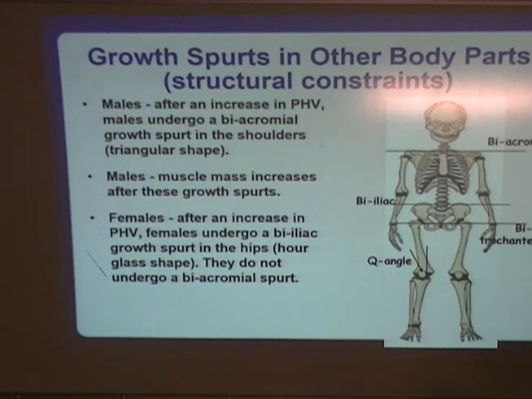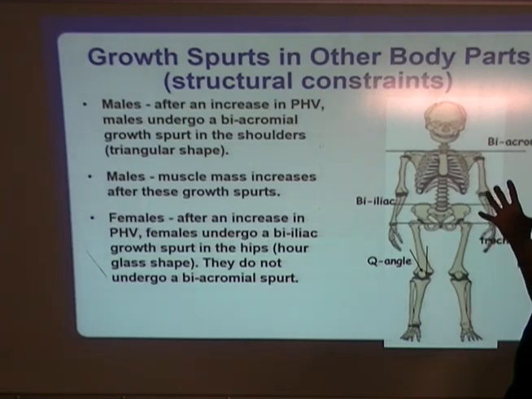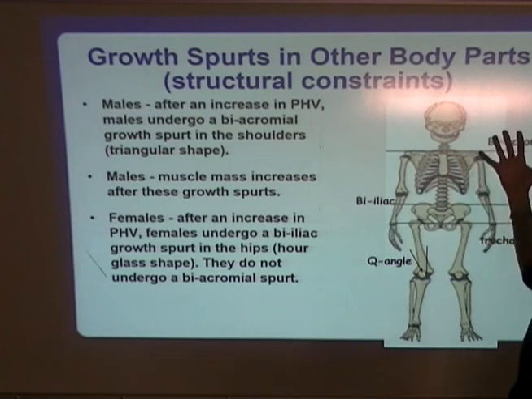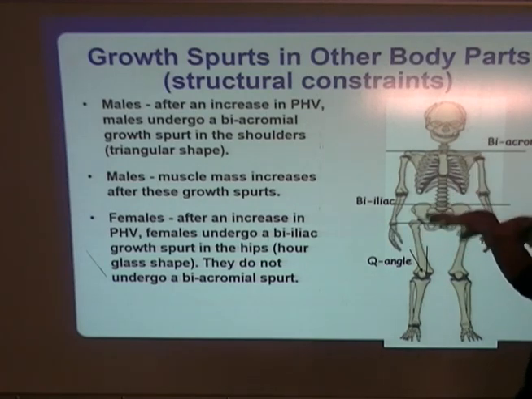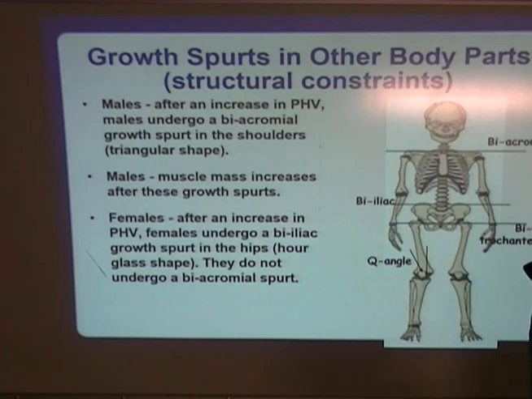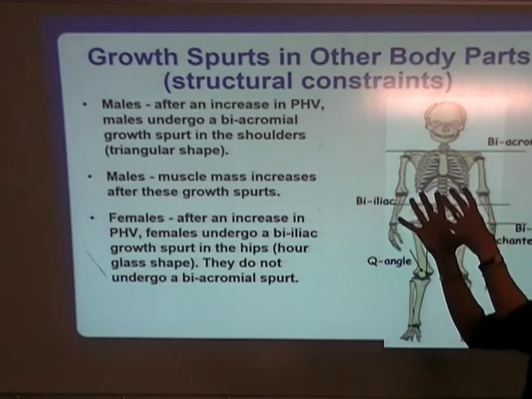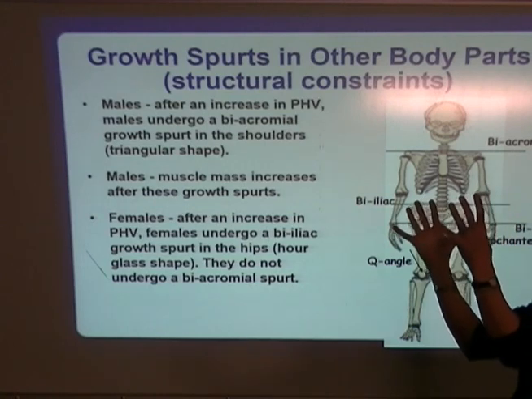It's also why guys are much more muscly than women in their upper body because they've got a bigger skeleton to pour all this muscle onto. And girls are more muscular here and here because they've got a little bit more skeleton to put it onto.